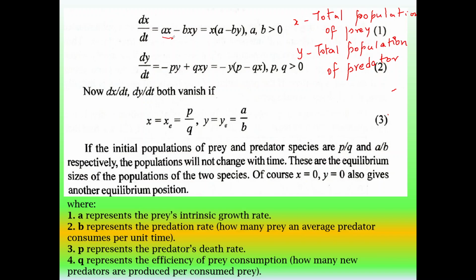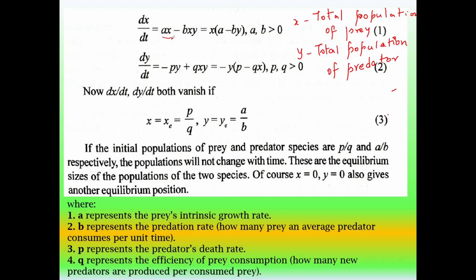At the same time, we need to consider the alternate case when the count of the prey will be decreased. So in the presence of the predators, automatically the count of the prey will be decreased. If there is an interaction between the predator and prey, definitely that will be a harmful effect to the prey. At the same time, the predator count will be increased.